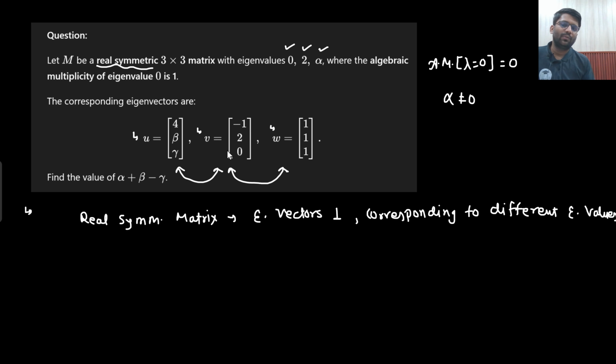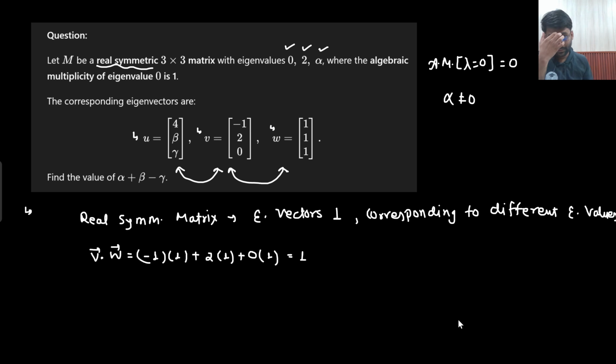But here what do I see? If I do the dot product of vectors v and w, what am I getting? Minus 1 multiplied by 1, plus 2 multiplied by 1, plus 0 multiplied by 1. I am getting 1 only. That means v and w are not orthogonal to each other.